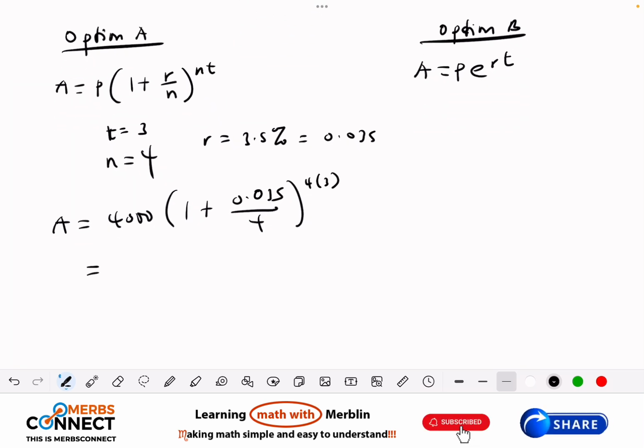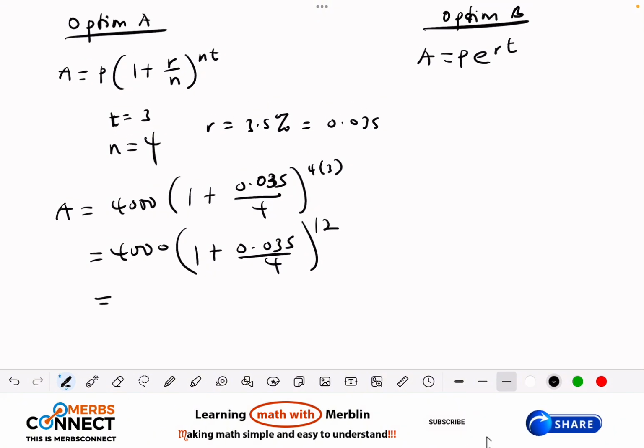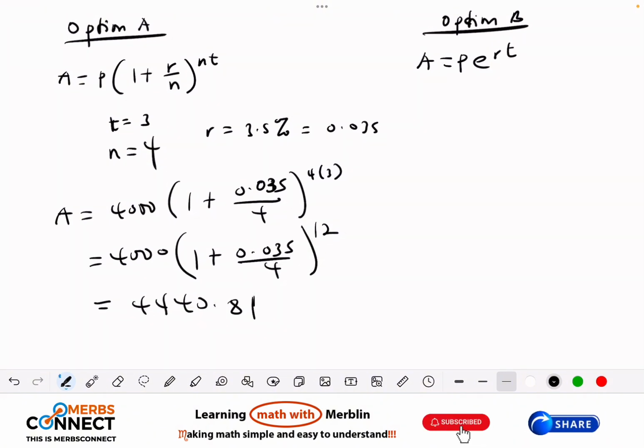So that's 4,000 times (1 + 0.035/4) to the power of 4 times 12. When I do that on the calculator, for option A I'm going to have something like 4440.81.